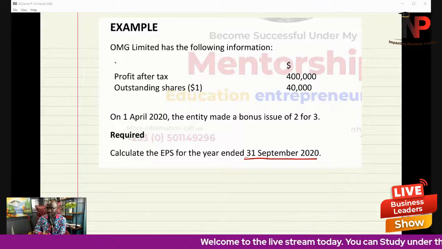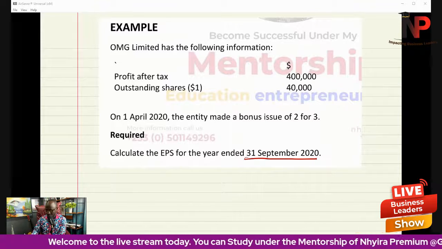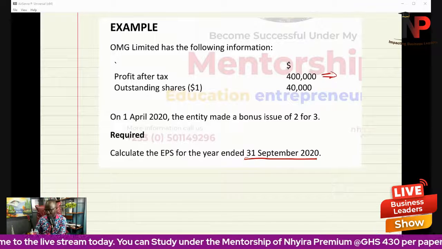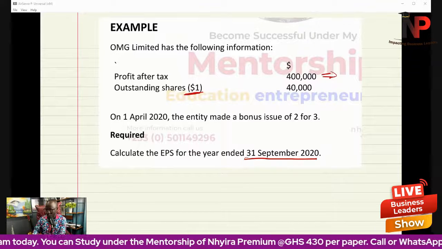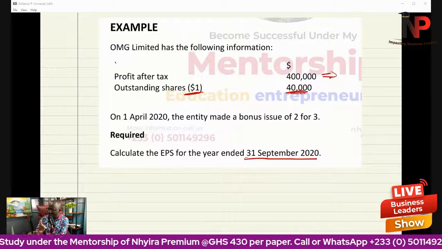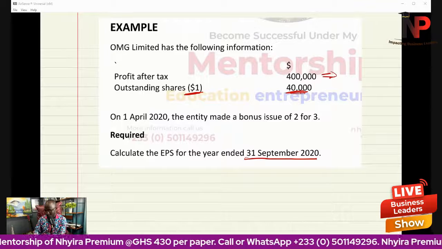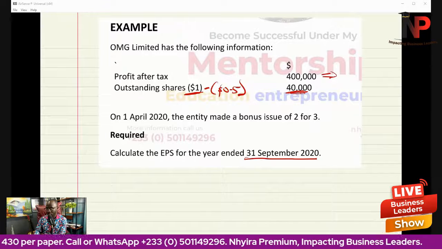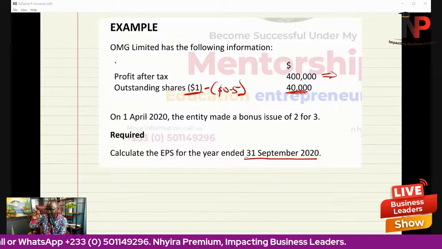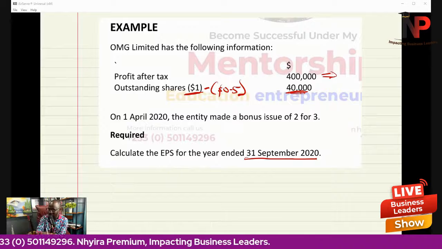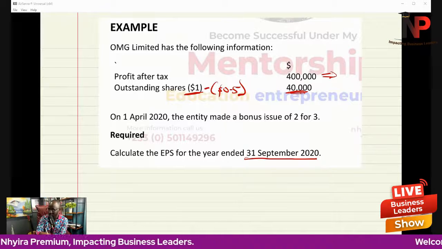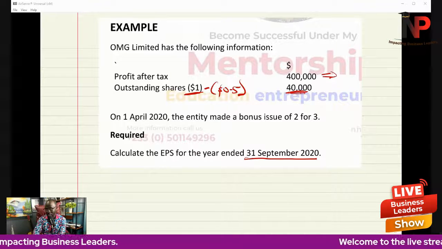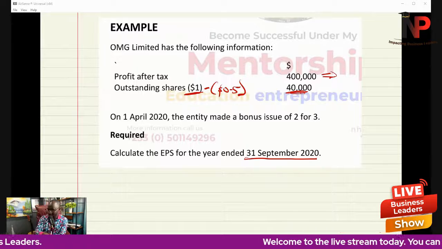OMG Limited has the following information. Profit after tax, $400,000. Outstanding shares, in brackets $1, is 40,000. Now you have to be careful about it, because if, for instance, the figure in brackets is 0.5, then you have to calculate the number of shares outstanding.